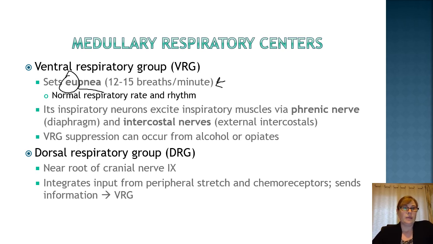The dorsal respiratory group integrates; it basically sends its information to the ventral respiratory group. The dorsal respiratory group looks at peripheral stretch receptors and chemoreceptors, and sends that information to the ventral respiratory group. We'll talk about where these receptors are in a couple of slides. The pontine section also sends to the ventral respiratory group, so the ventral respiratory group is mostly the one that sends out signals.